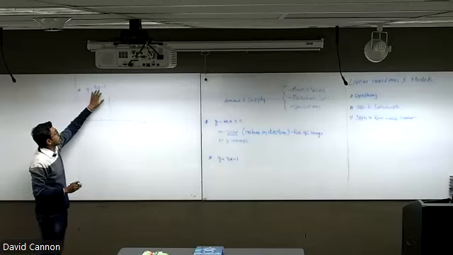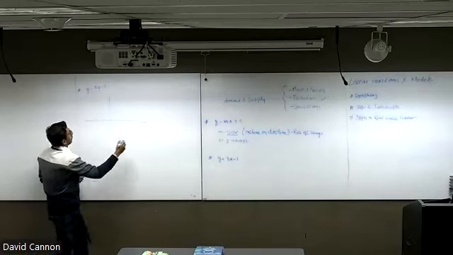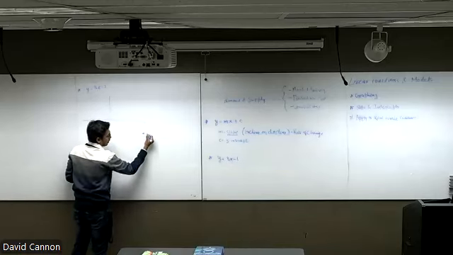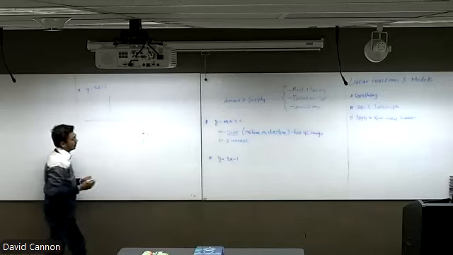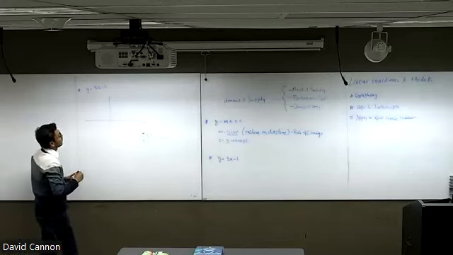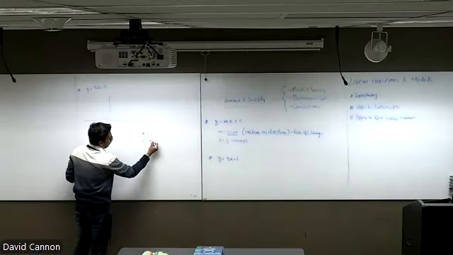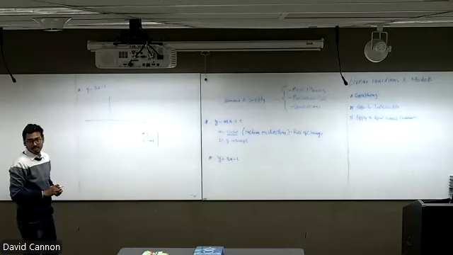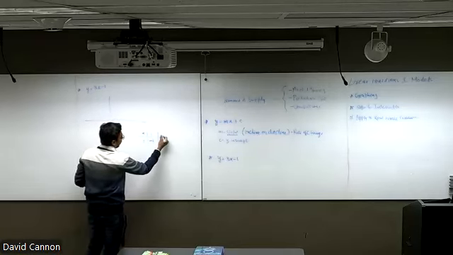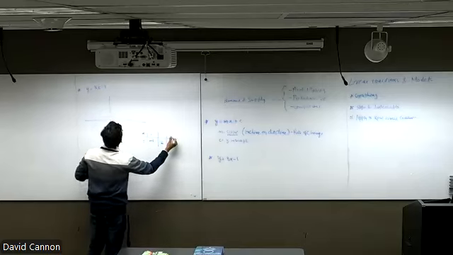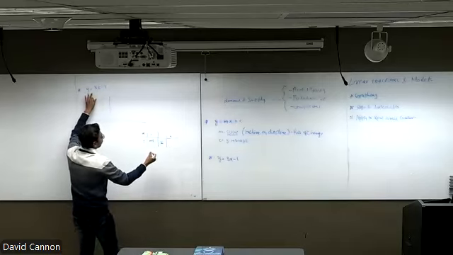What happens when x equals 0? All right, wonderful. What happens when x equals 1? And so on and so forth. We can just plug values in and calculate the value of y.